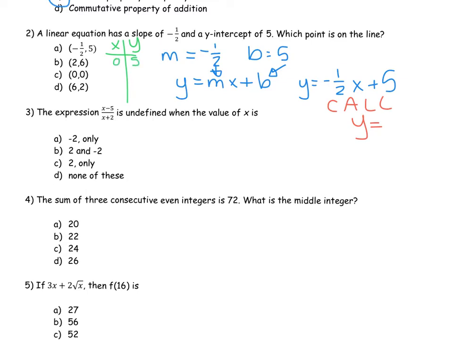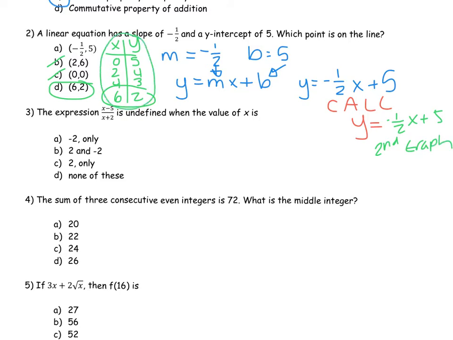Then I have (1, 4.5), (2, 4). That pretty much eliminates (0, 0) and (2, 6). And if I go down a little bit further, I have (4, 3), and then (6, 2), which is exactly what I'm looking for. So you're just going to put y = -1/2 x + 5 in your y equals table, and you're going to press second graph to find your table of values. So this is all in the calculator.